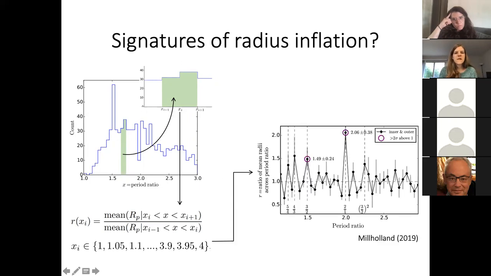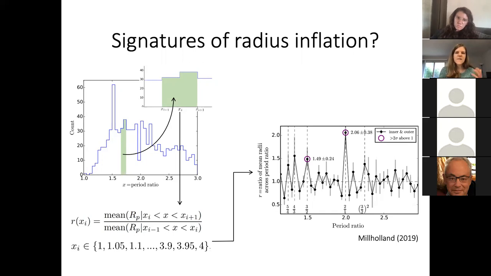So here's the result of that calculation, where on the y-axis is the ratio of the mean radii in adjacent period ratio bins, and I'm plotting this as a function of the period ratio. So the purple circles are indicating all places where this ratio of radii is greater than about 2 sigma enhanced over unity.